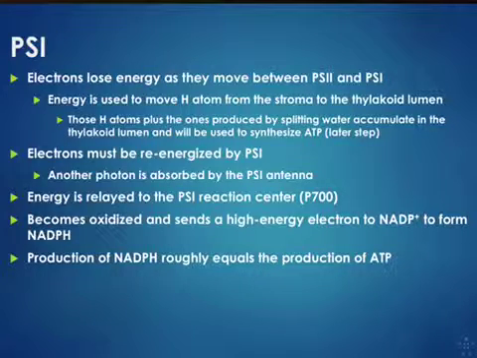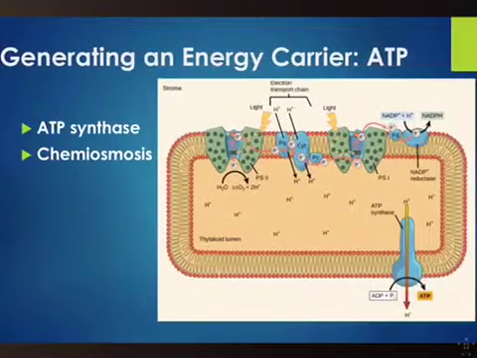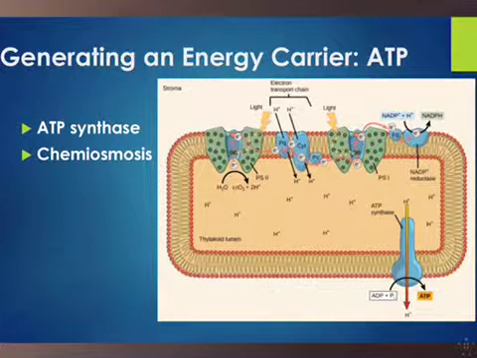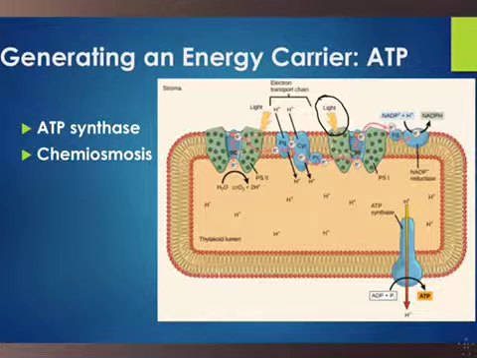The electrons must be re-energized by PS1, and this is where we absorb another photon of energy by the PS1 antenna. Do I have a picture of it? Yeah. So here is that second absorption of a photon, and here's that electron that's moving in, and notice how they do meet up to re-energize that electron.